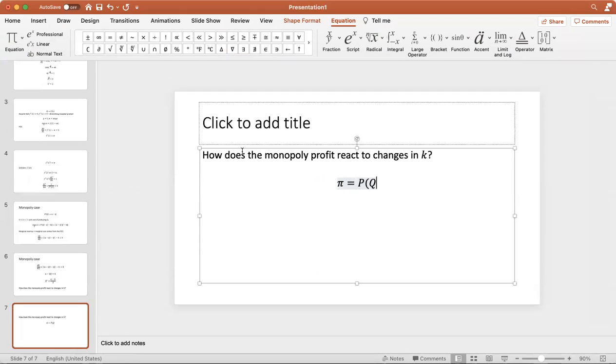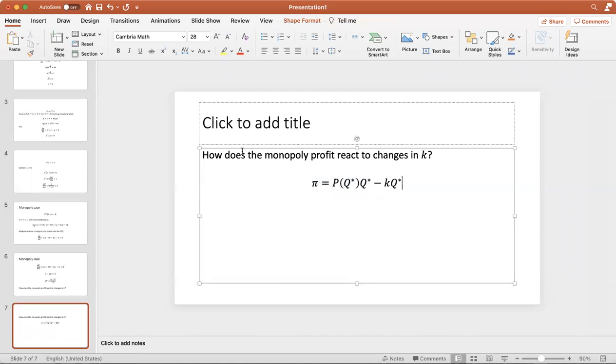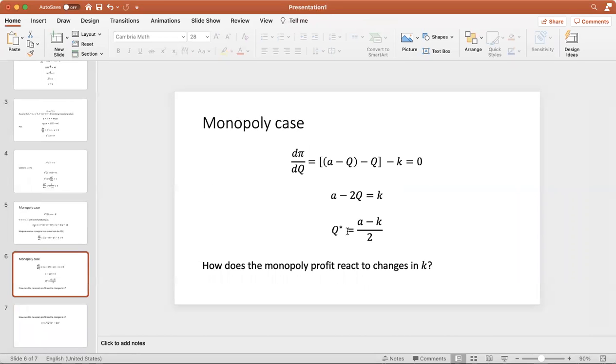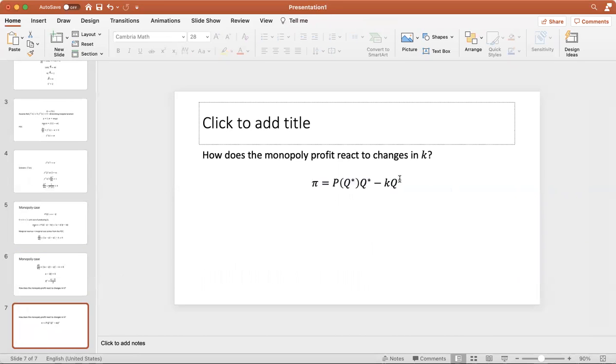So that's going to be P of Q star times Q star minus K Q star. Simple as that. So we just have to take the derivative again. We just have to take the derivative of this entire profit function with respect to k. Of course we know that Q is now a function of k.